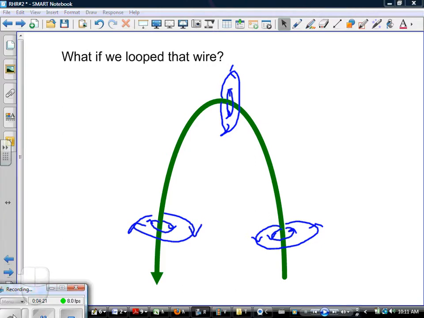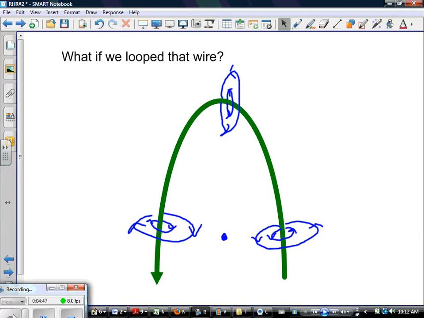This is just taking the field lines, and I've drawn them the same way. So current's going this way. Field lines are going around, so it goes in behind here and out around the front. So right in the center here, on this side of the wire, the field lines would be pointing in which direction?